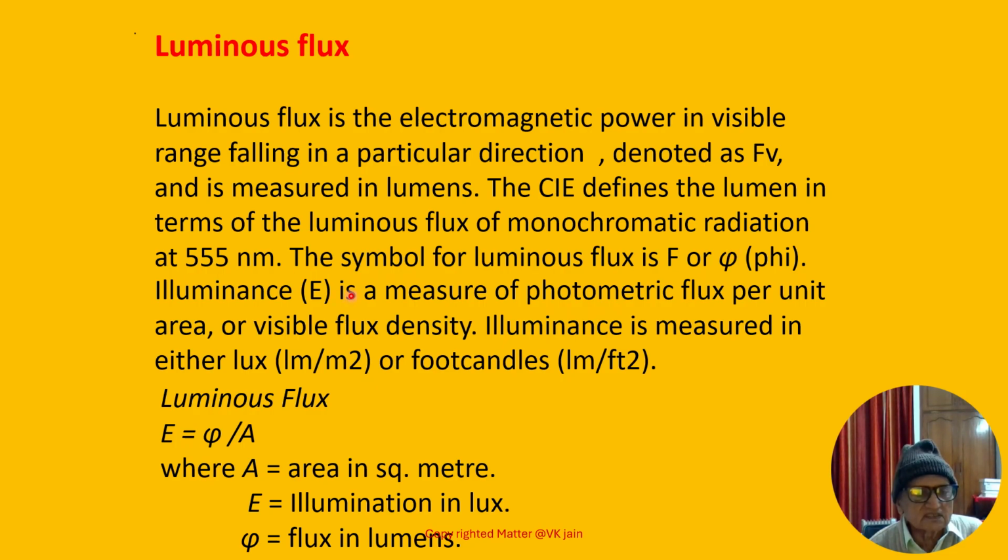Illuminance is the measure of photometric flux per unit area, or visible flux density. Illuminance is measured in lux, that is lumen per meter square, or previously it was being measured in foot candles, lumen per feet square.